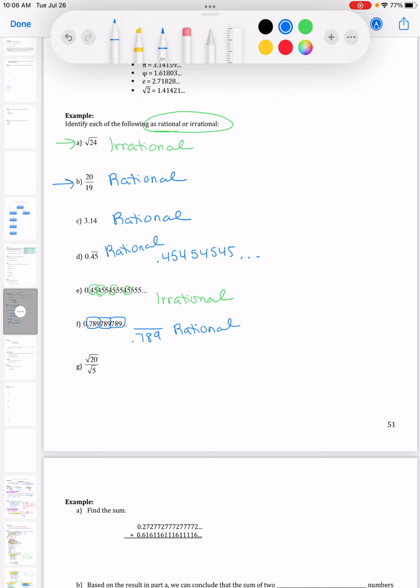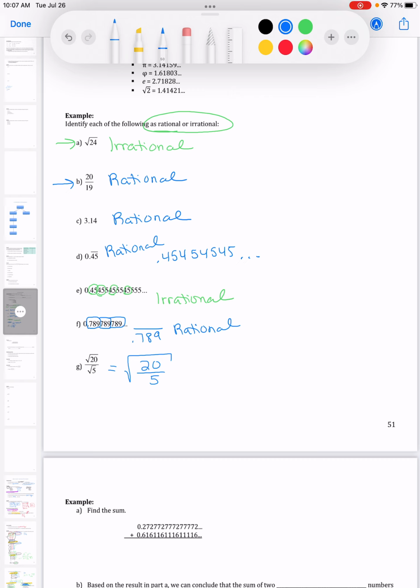This last guy, we're going to get to see some more examples of it in just a second when we practice some square roots. But before I can just do this one, I probably need to reduce it down. So I'm going to write this, and I've got the rules written up on the next page. We'll see some more practice. I can write it just as one square root. This is the quotient rule. I've got it typed up right on the next page so that you'll have it.